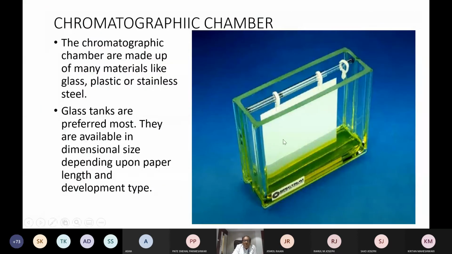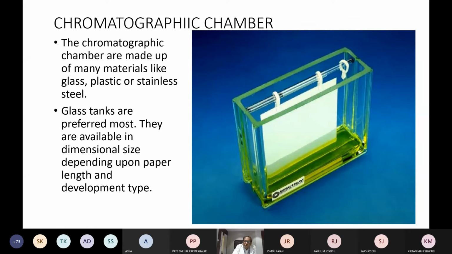So this is the chamber wherein the process of chromatography is done. It is the ideal one to use. Otherwise, you can also just use one big beaker.